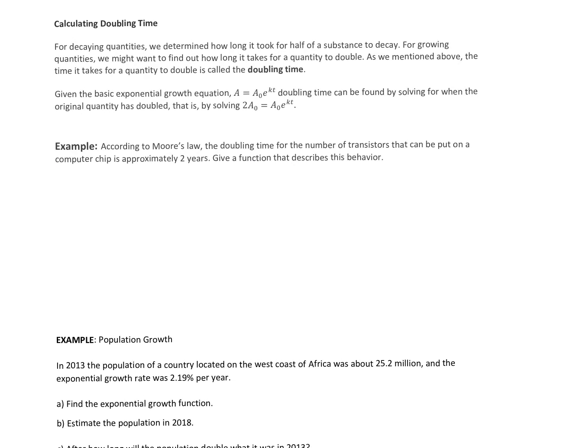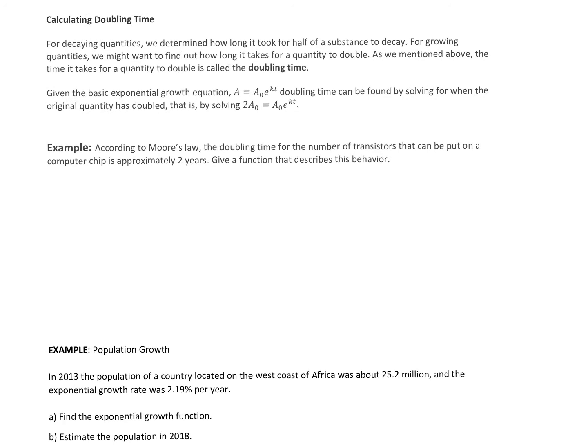Let's now turn to doubling time. Doubling time would be exponential growth, so in this case, our k value is going to be a positive value. We are going to solve the basic equation 2 times a sub 0 equals a sub 0 e to the kt.